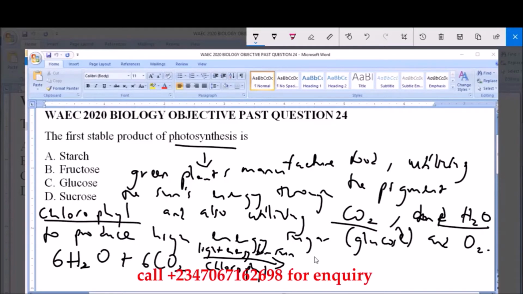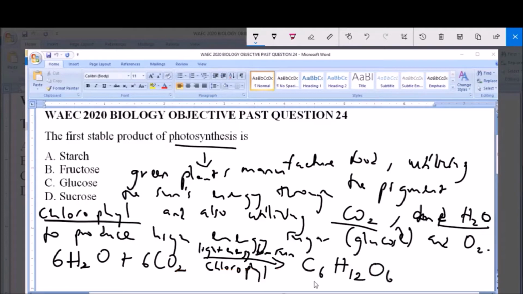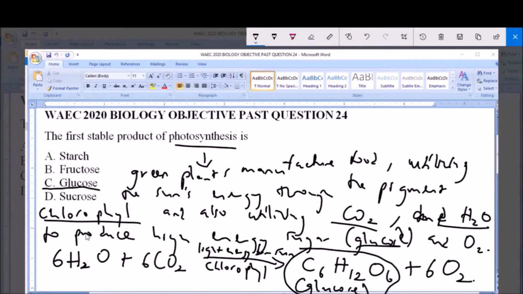So the product of the reaction is high energy sugar, which in this case is glucose, as you can see, chemical formula for glucose, and 6 molecules of oxygen. So this is the first stable product of photosynthesis, the high energy sugar glucose. So glucose here is option C. So option C is the answer to this question.